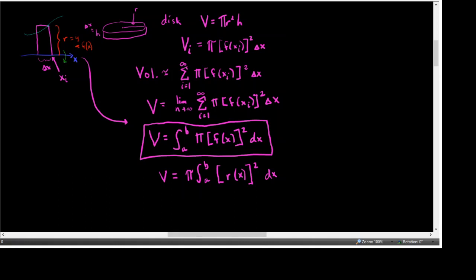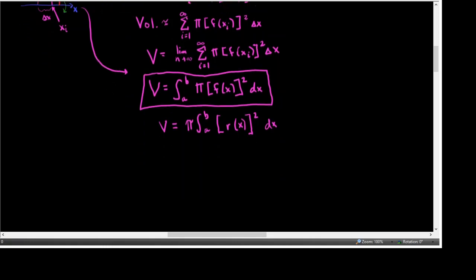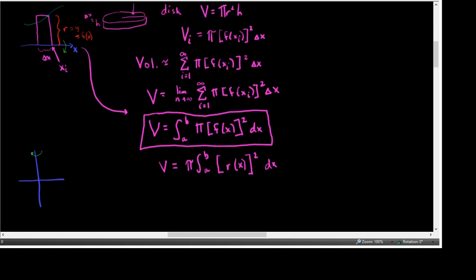And if we revolved about the y-axis and we had a similar situation, so let's say that we're revolving about the y-axis this time, and this time I'm going to draw a little bit more of what we would see so that you can tell what I'm talking about maybe a little bit better.